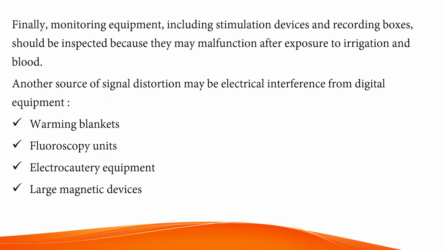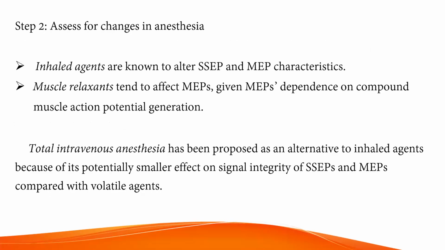Another source of signal distortion may be electrical interference from digital equipment like warming blankets, fluoroscopy units, cautery machines, and large magnetic devices, which tend to disrupt these signals. Then assess the anesthetic changes.